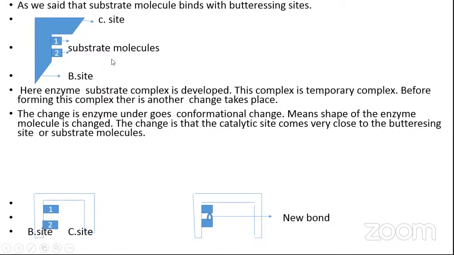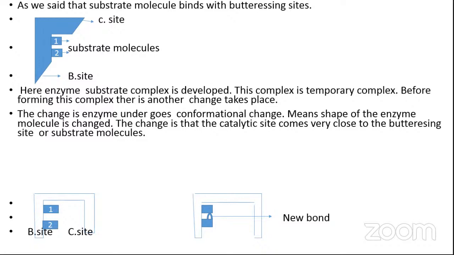But before this, getting this enzyme substrate complex, there is another change which was not observed in the lock and key theory. Only that is observed in the induced fit theory. What does that mean? That is enzyme conformational change. That means the shape of the enzyme, or the site of the enzyme, will be changed according to the reaction.